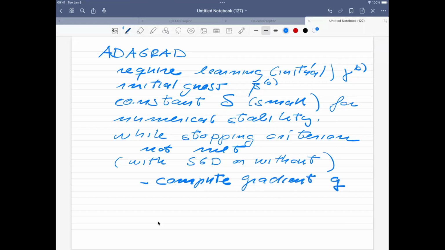which we just call G. And this is evaluated for a given iteration, obviously calculated at beta of i. Now, there is something called the accumulated squared gradient.